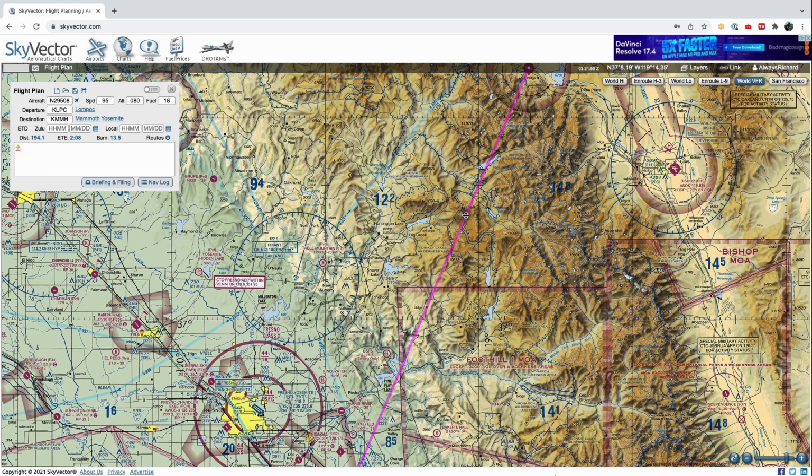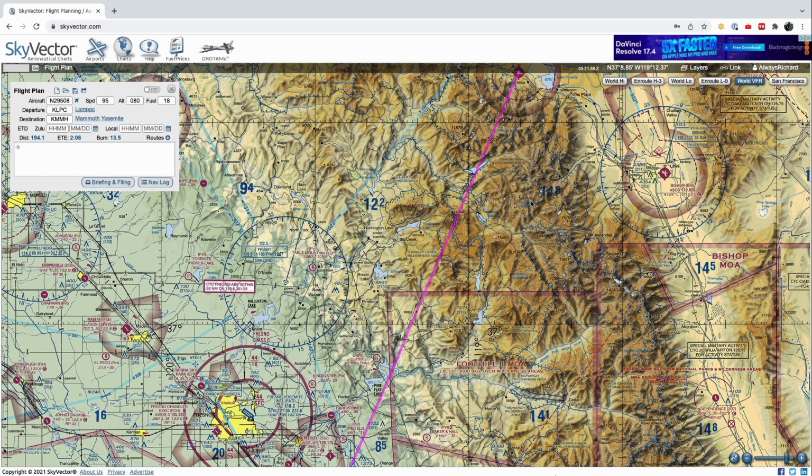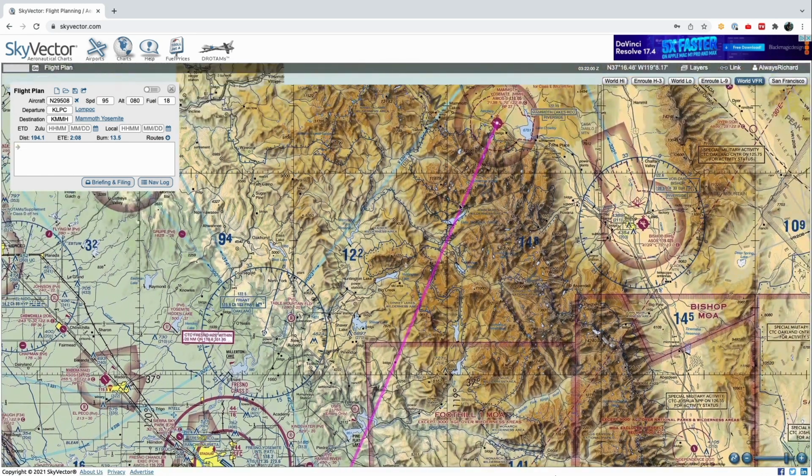But you have to get over this mountain here, which is 10,648 feet. You have this one here at 13,100 feet. Right on your path is 12,221 feet, then 12,598 feet. So you're going from 12,598 feet to 7,135 feet to land at this airport. That's quite the dive.